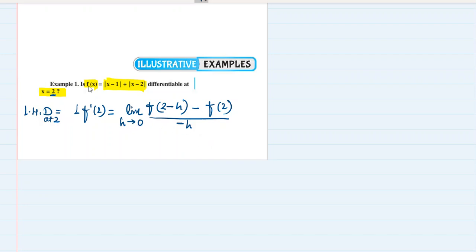Now we know that f of x is equal to mod of x minus 1 plus mod of x minus 2. So what will be f of 2 minus h, and what will be f of 2? Wherever there is x, we have to put 2 minus h, and for f of 2, wherever there is x, we put 2.